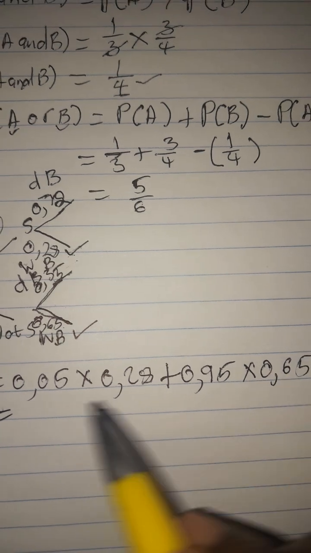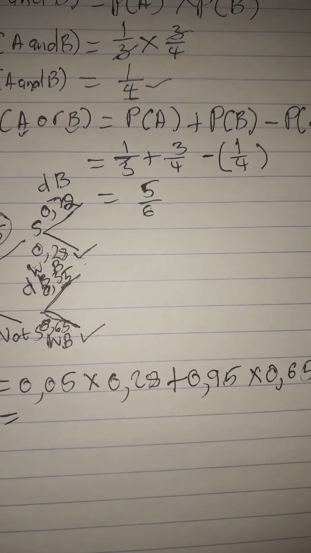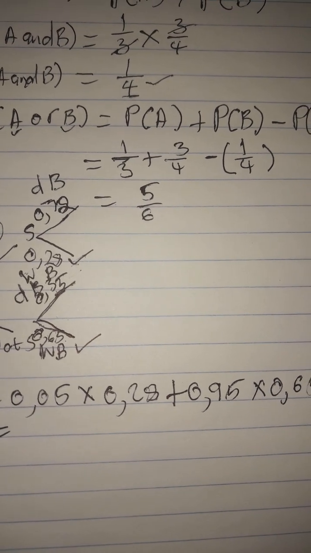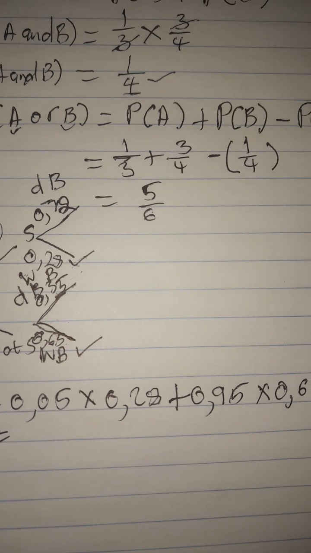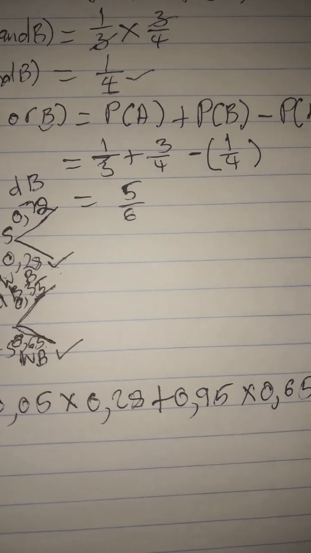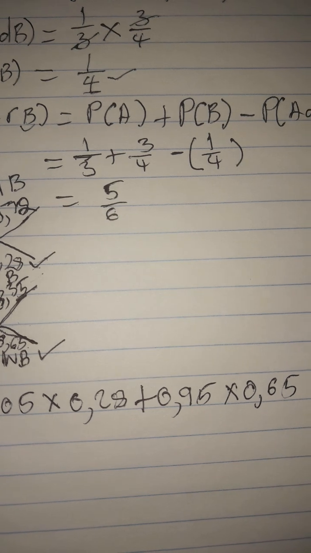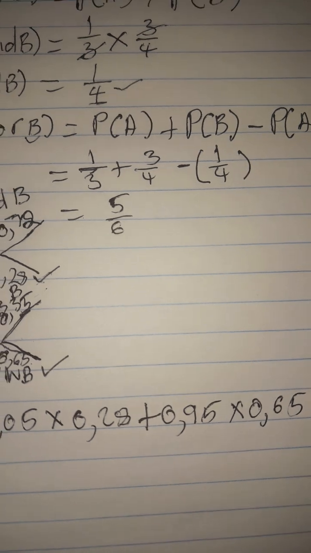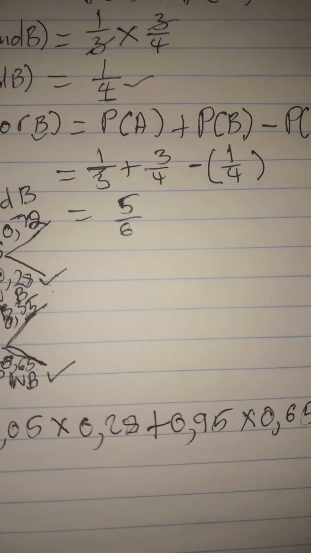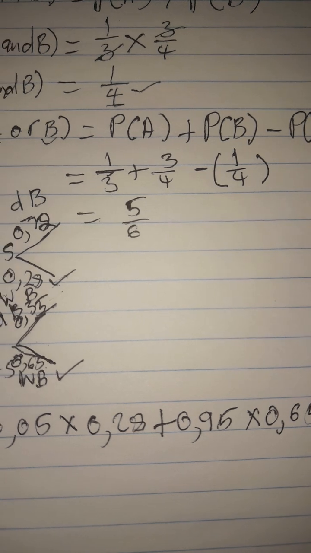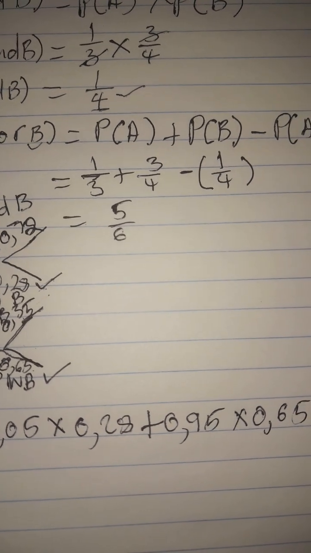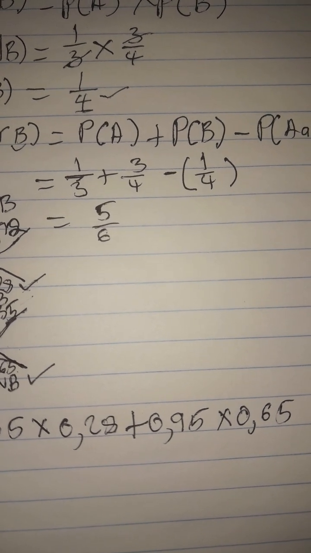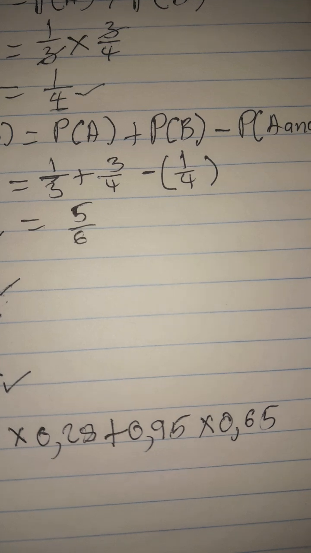Once you have drawn your tree diagram in a correct manner, you'll be safe. So let me calculate this using our CasioFX or any suitable calculator. I'm having 0.05 multiplied by 0.28 plus 0.95 multiplied by 0.65.